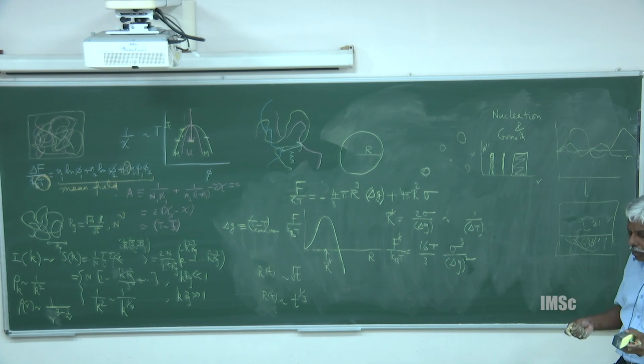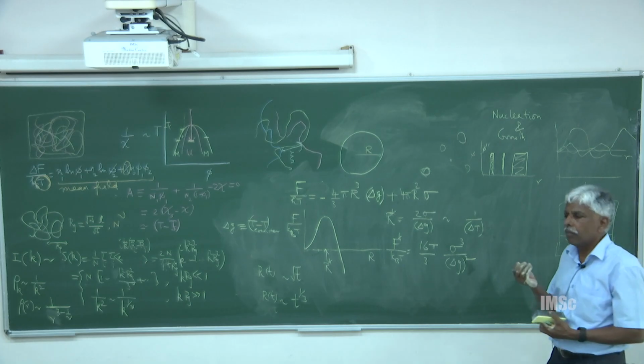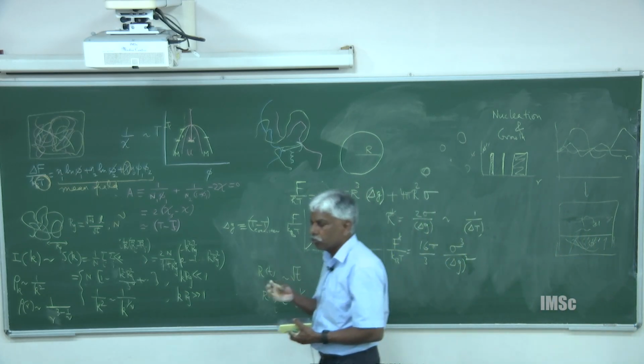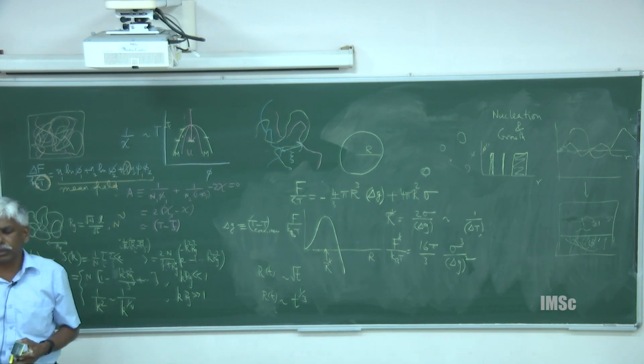But when you have micro phase separation, that is not true. Only intermediate wavelengths will be selected and they will grow. The large wavelength fluctuation will not grow, short wavelength fluctuation will not grow, only the wavelengths corresponding to the micro phase separated structures will grow with time, and they get locked into that structure forever.